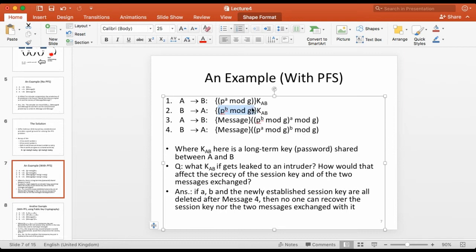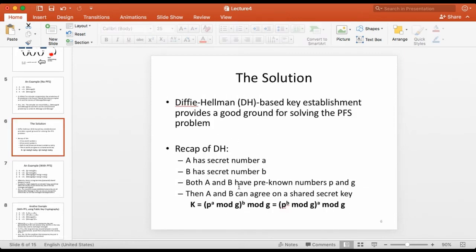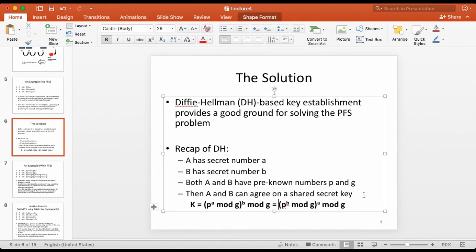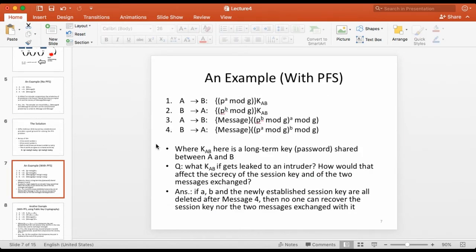Now, the internal content, of course, allows her to compute her side of the Diffie-Hellman calculation and therefore arrive at the same K that Bob had arrived at in the previous step.